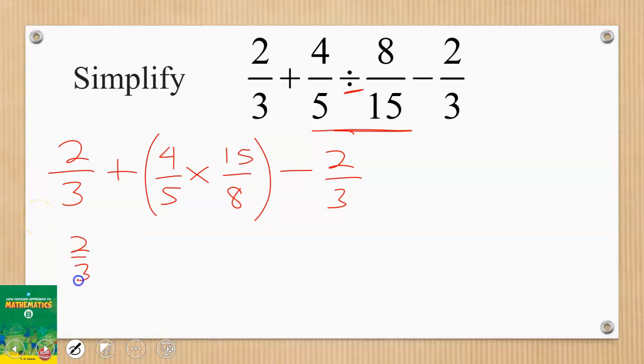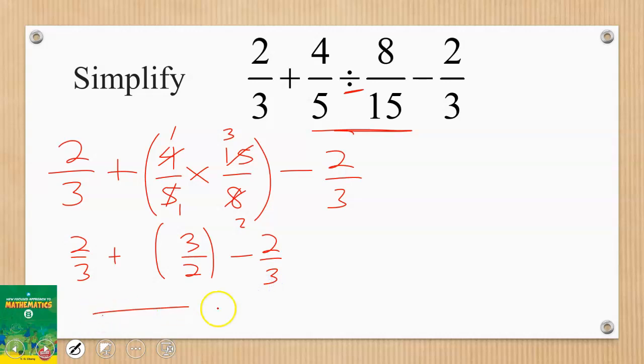Good. Now I can still maintain my 2 on 3 here plus. Now with this, I know 5 can divide itself here and divide this one as 3. 4 can divide itself here and divide here as 2. So I'm going to have 3 at the top there, 2 down here, minus 2 on 3.